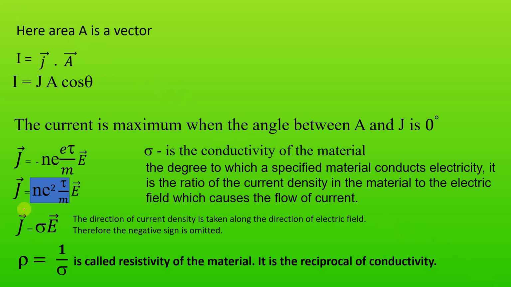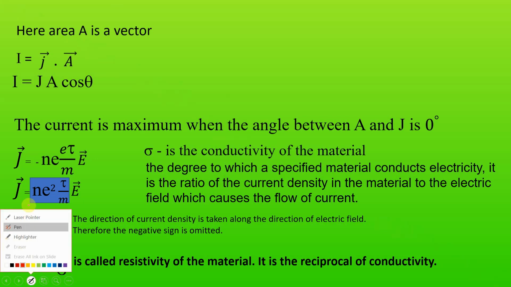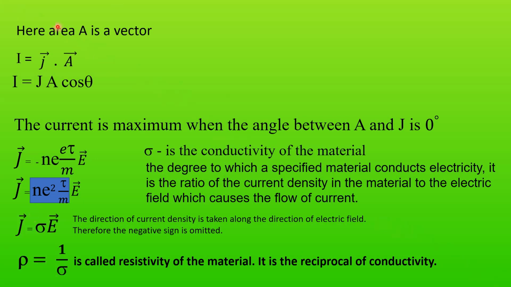And here, a is the area vector, which is considered normal to the area. So this current, being a scalar quantity, results from a dot product.